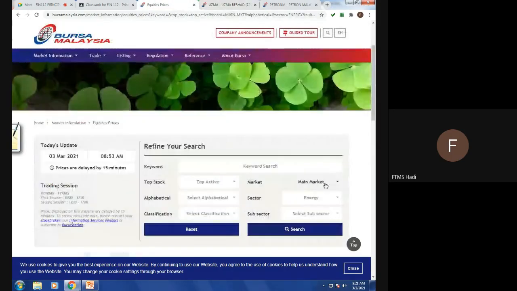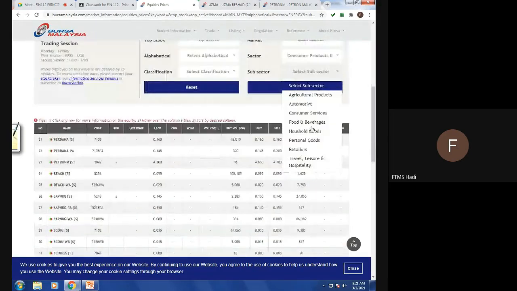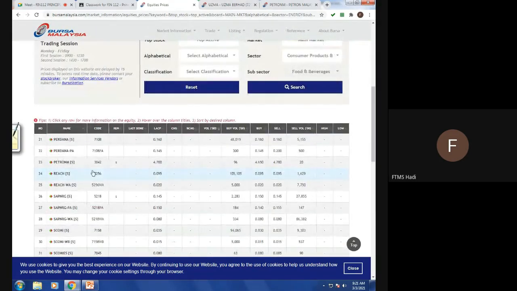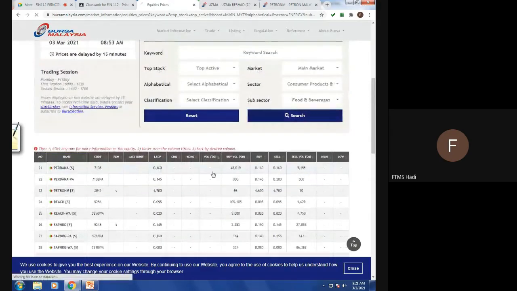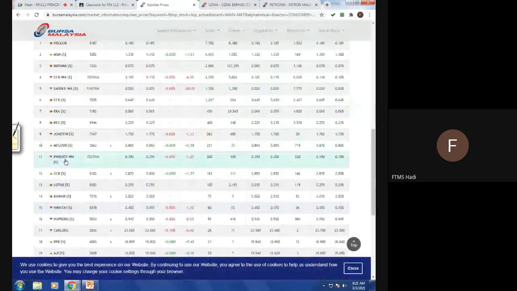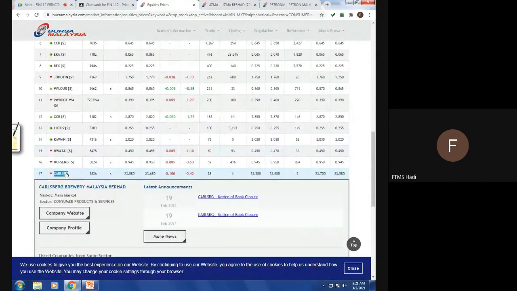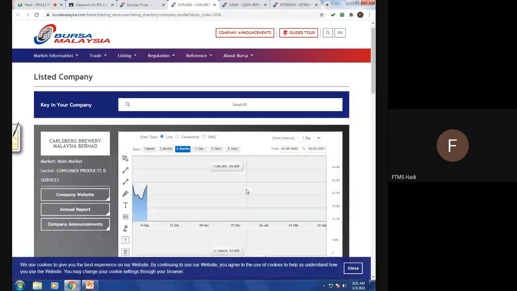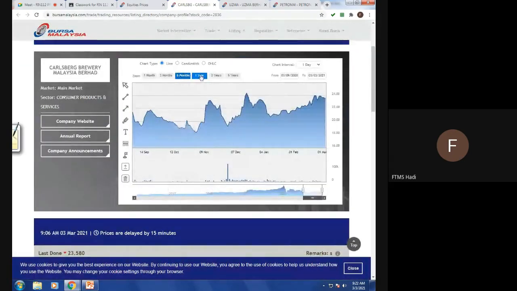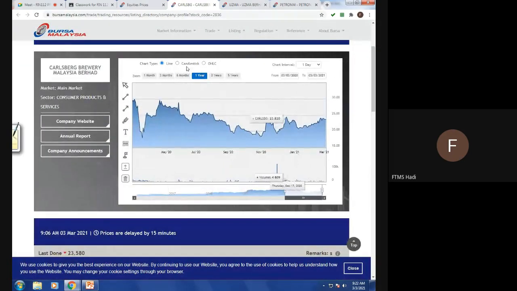Okay, let's have a look at Dash Lady earlier. Or Casper, let's say Casper. Even though it is non-halal, we just see the candlestick.